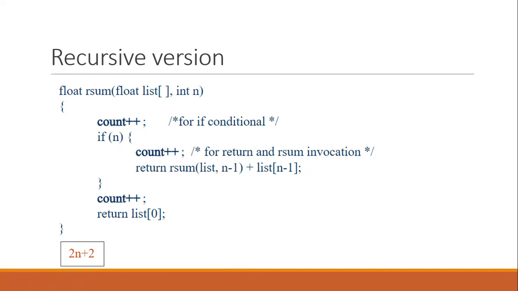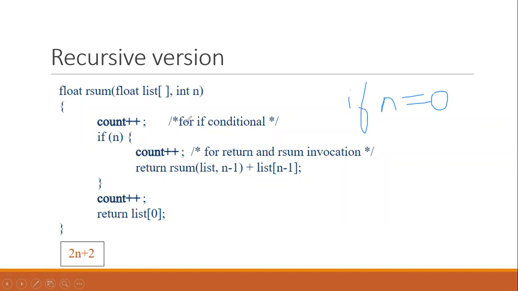So to determine the step count for this function, we first need to figure out the step count for the boundary condition. That is, if n is equal to 0, what will be the step count? If n equal to 0, then this will be executed.